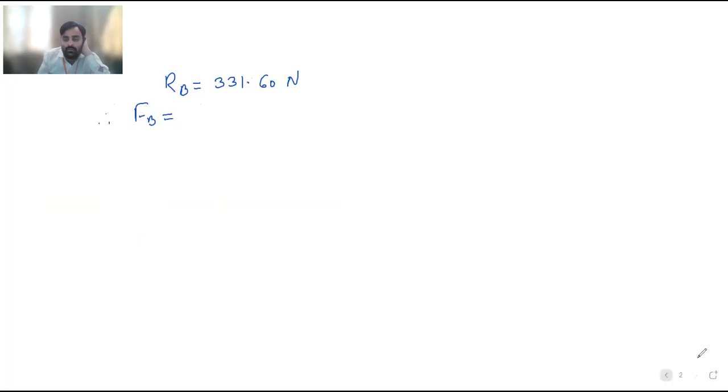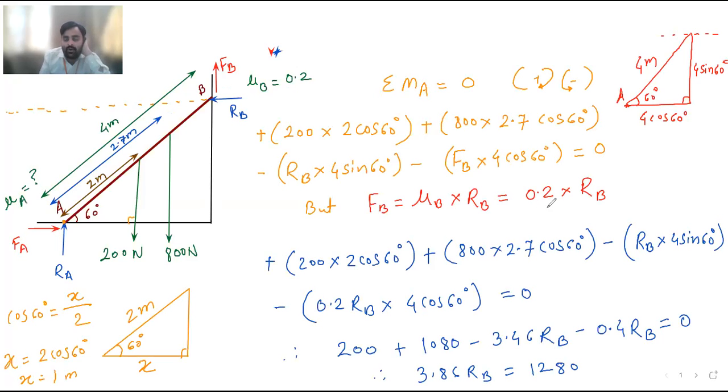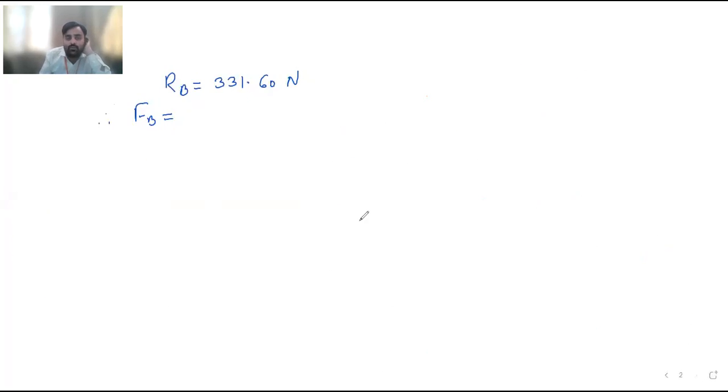FB is equal to what? Here we have already written 0.2 RB. So put the value: 0.2 into RB, which is 331.60. So FB is equal to how much? 66.32 Newton.